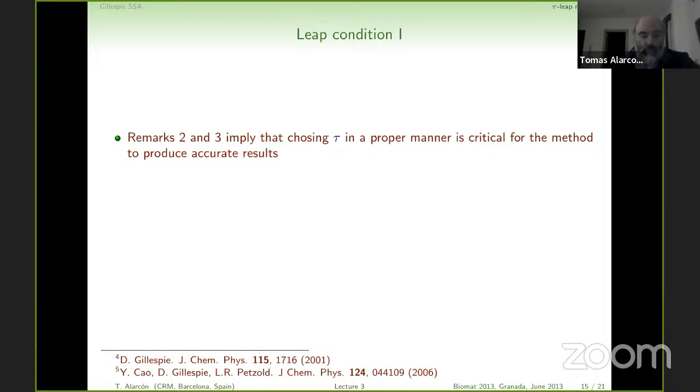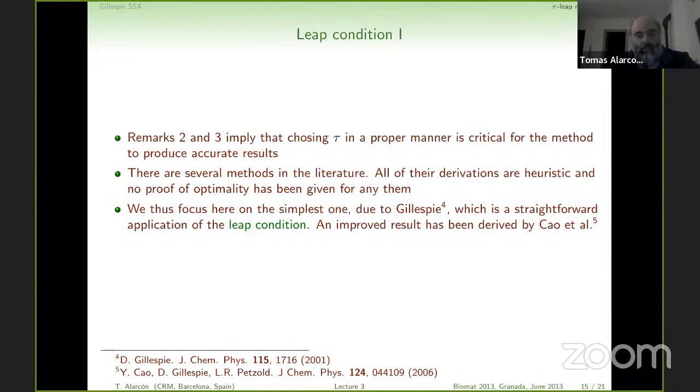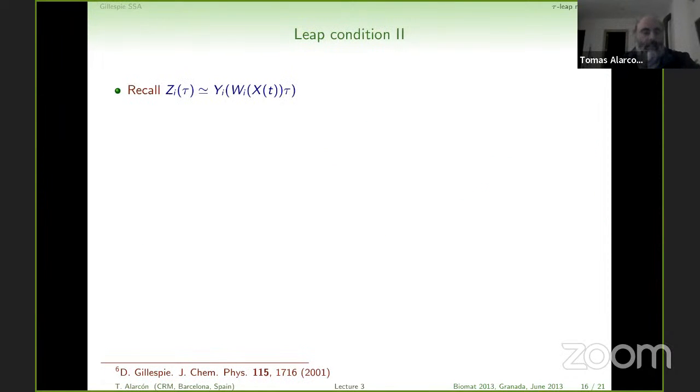If you are curious about this, you can look at the work of Linda Petzold, who has worked a lot on improving these leap conditions. Again, these caveats tell us that we need to choose tau in a proper way. This is critical for the method to work. And again, there are several methods in the literature.